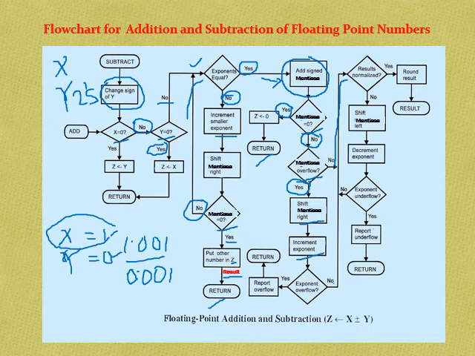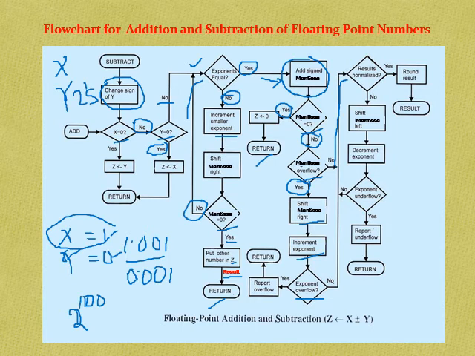So after incrementing the exponent, we have to check the exponent overflow. The exponent is nothing but, suppose if it is a binary addition, then 2 to the power something is the exponent, suppose 0 0 0 1 0 0.